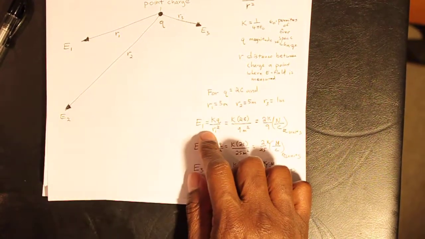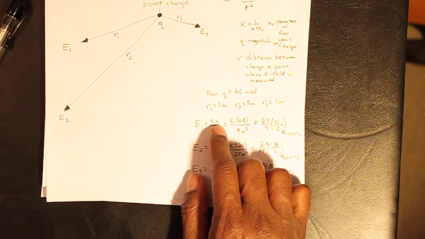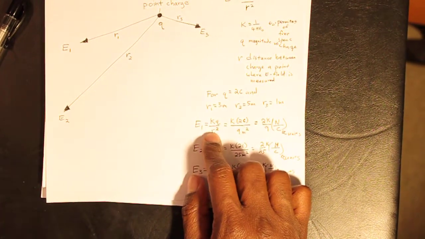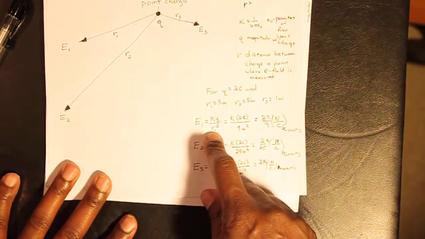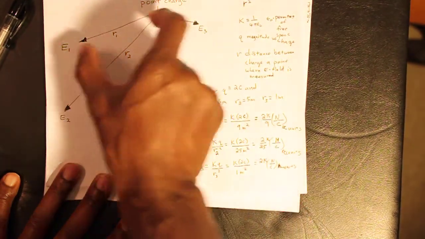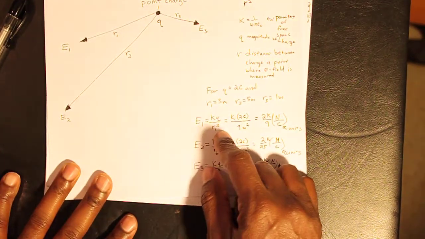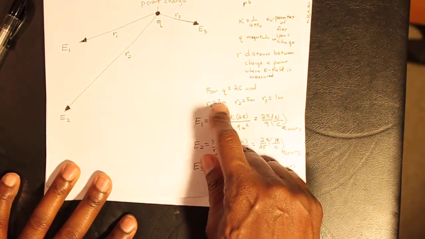Well, then let's find out what the electric field is. Well, it's E1, where E1 is equal to kQ over r1 squared. Okay, that's this equation just rewritten here in terms where r is now r1, a specific r. Okay, well, r1 equals 3 meters.